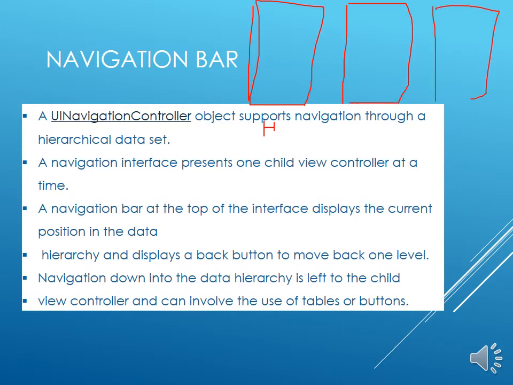Now I want to navigate from the home page and then from one page to another page. So this is nested navigation. I have this navigation and this is the child, child 1 and child 2.